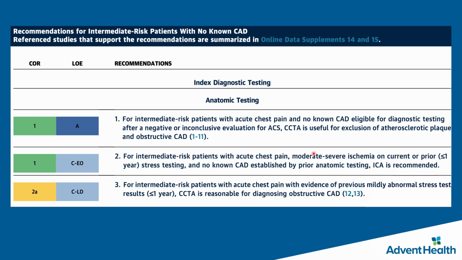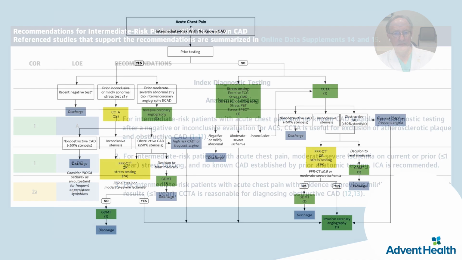If you have intermediate risk patients with acute chest pain and moderate to severe ischemia on a previous stress test, this is less than or equal to 1 year, coronary angiography is recommended. And for intermediate risk patients with acute chest pain with previously mildly abnormal stress testing, CCTA is reasonable as an intermediate step prior to a coronary angiography.